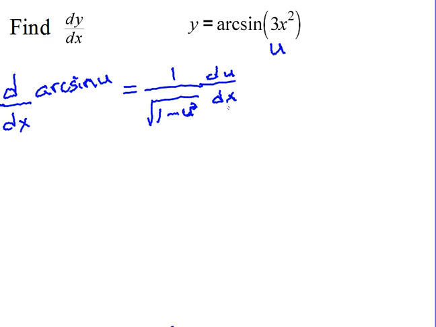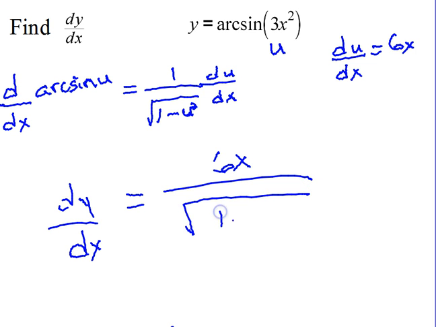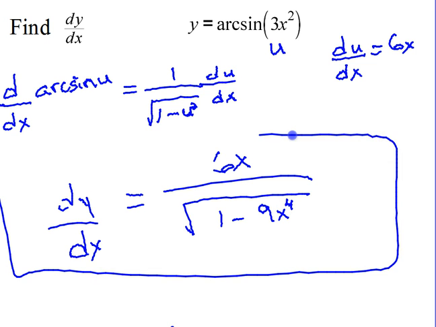So we're just going to put that in u's place, and the derivative du dx is simply 6x. So this 6x from the du dx is going to pop out up top. Then we have 1 minus 9x to the fourth, all under a radical. We can't simplify that anymore. And so it's simply 6x over the square root of the quantity 1 minus 9x to the fourth.